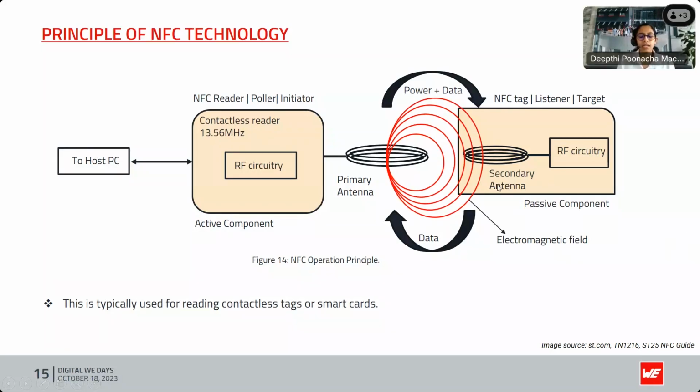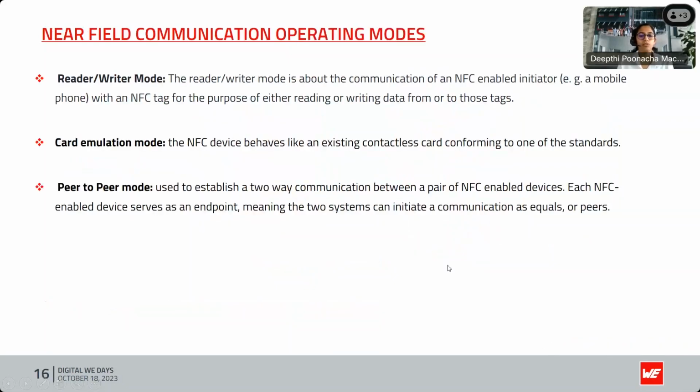Now, having had an introduction to NFC, let's go a little bit deeper and see what the different types of modes used in NFC are. We have three main operating modes in NFC: the reader or writer mode, the card emulation mode, and the peer-to-peer mode. In the reader or writer mode, the communication is enabled by the NFC initiator, like a mobile phone, as we just saw with the NFC tag, for either reading or sending data from those tags.